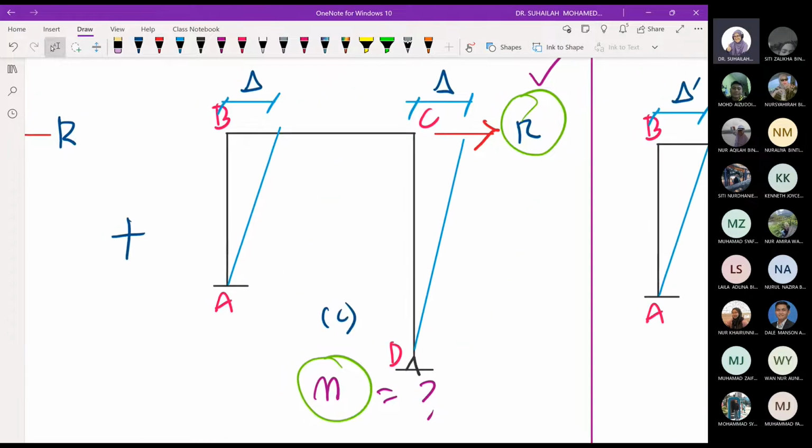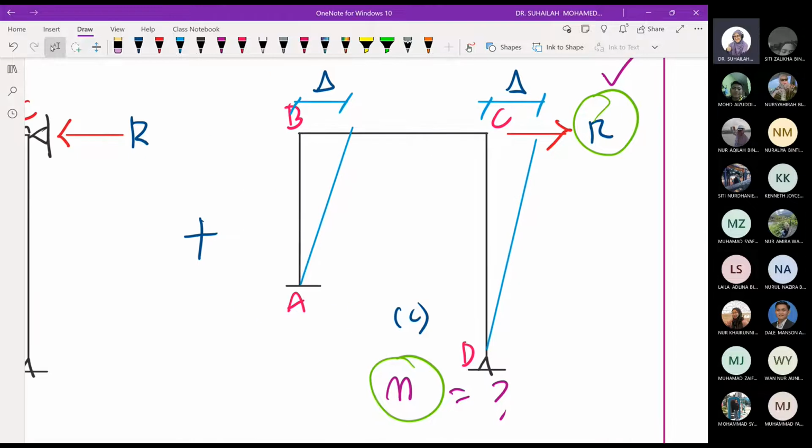This frame has the same geometry without external loading, of course, but this time it is due to R. Because the restraining force R that comes with the support at diagram B has to be neutralized, there will be a restraining force in the opposite direction, which means the right direction. That is why the frame tends to sway to the right direction. So due to R, there will be delta.